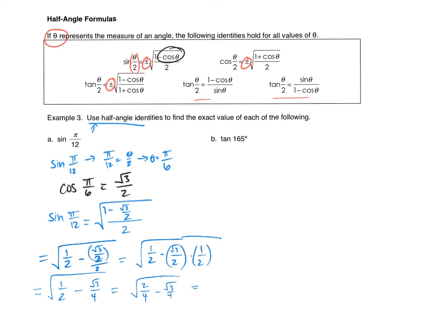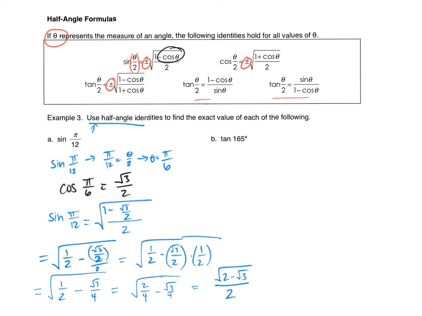And when I simplify that, we're actually going to be a little bit bad, and we're going to leave a radical within a radical. And so the square root of 4 in the bottom becomes 2, but the top becomes the square root of 2 minus the square root of 3.